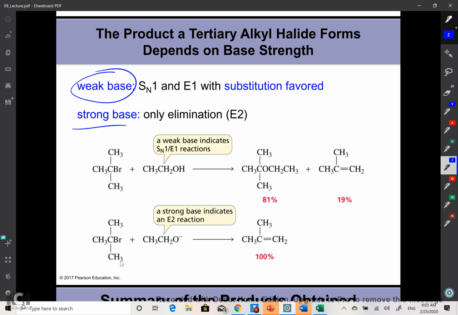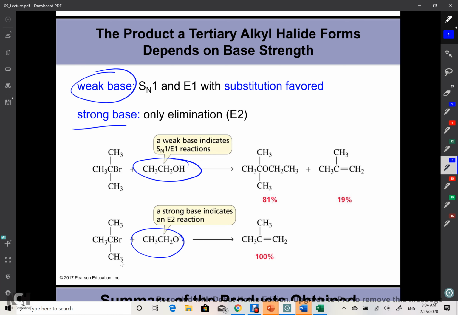And these are two examples. This is my nucleophile, which is an alcohol. An alcohol, technically, if you look in terms of bases, is a weak base compared to an alkoxide. This is ethoxide, which is a strong base. Remember that negative charge. That negative charge, compared to a neutral molecule, is strong.